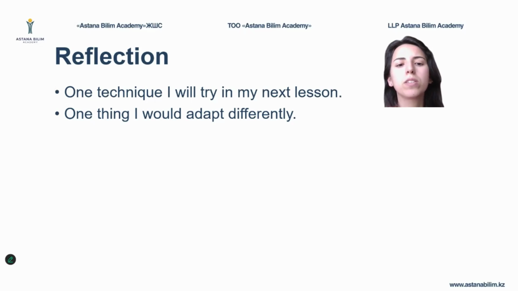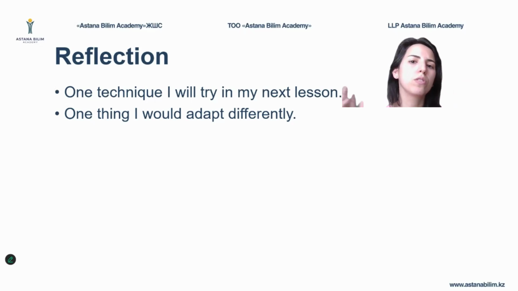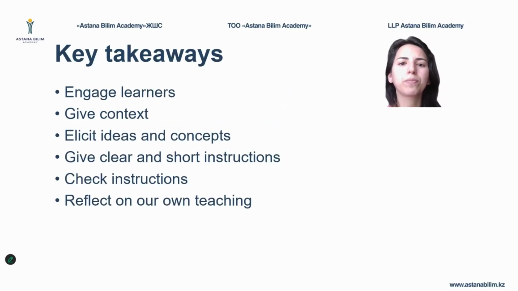And also think about one thing that you would do differently from the teacher. Maybe you will use another error correction technique. Maybe you will use different interaction patterns. Maybe you will use pair work more. Think about this. I hope that this information will be useful for the next lesson.